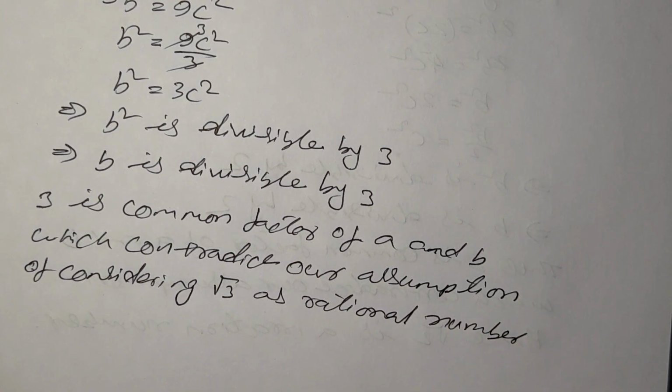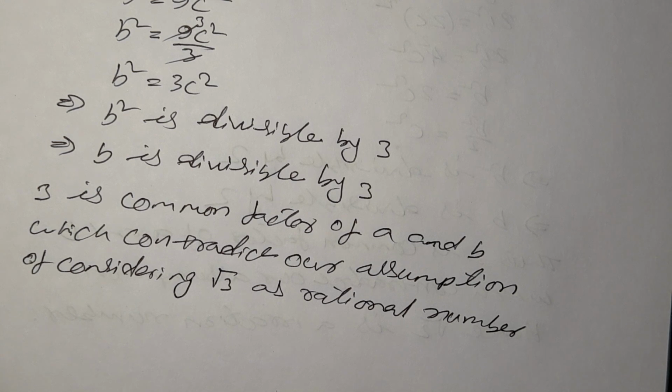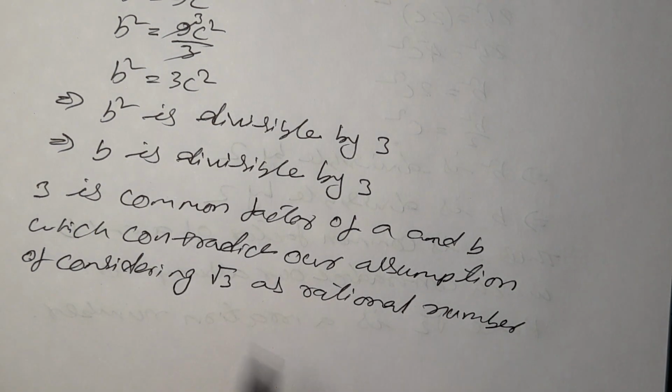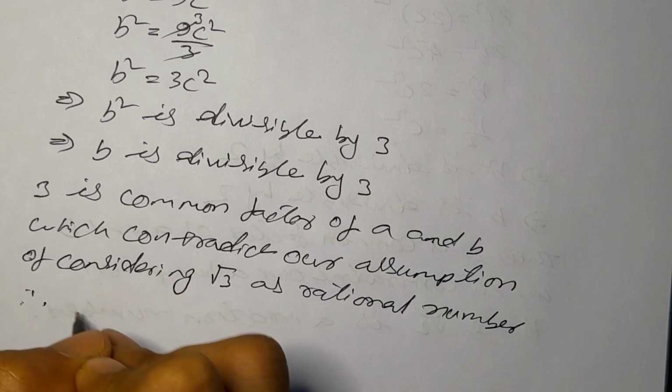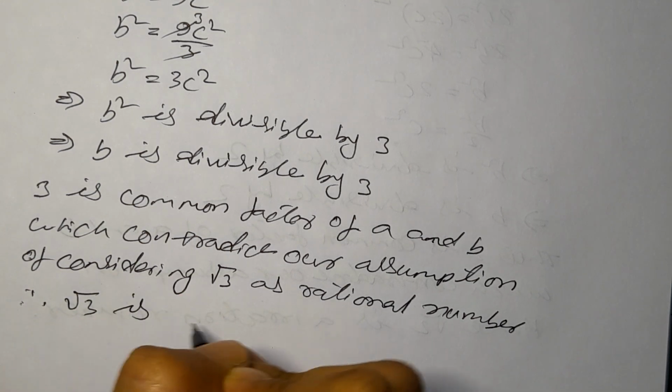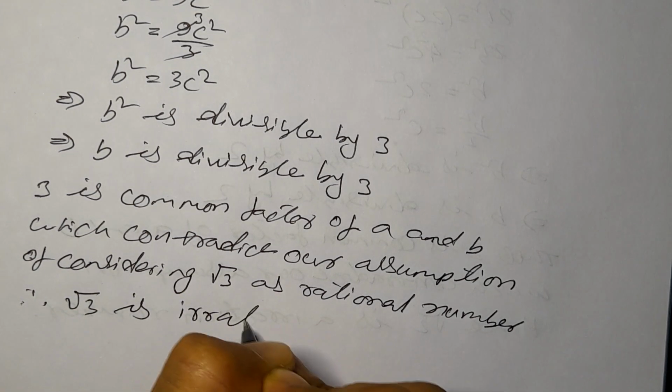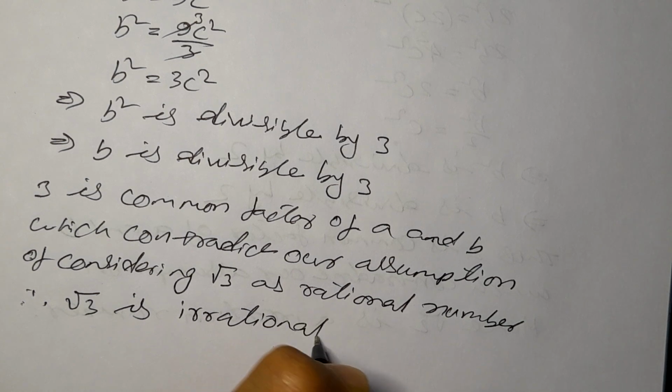Since the contrary of what we have considered is wrong, we have considered root 3 as a rational number, but it is wrong. Contrary means which is opposite. Therefore root 3 is an irrational number.